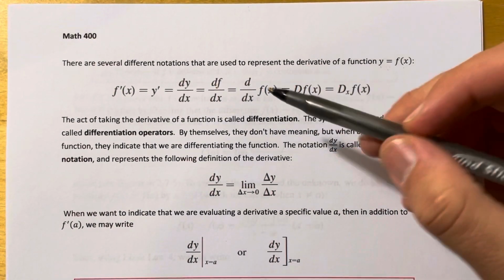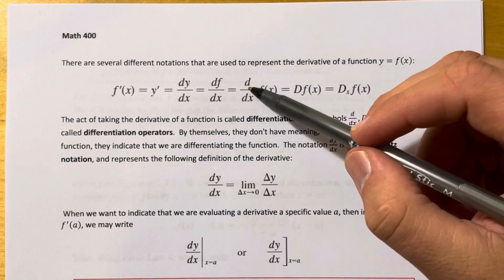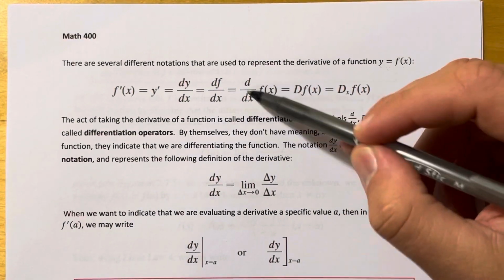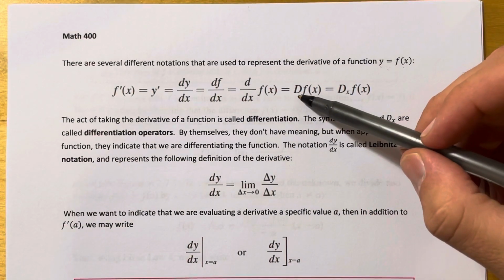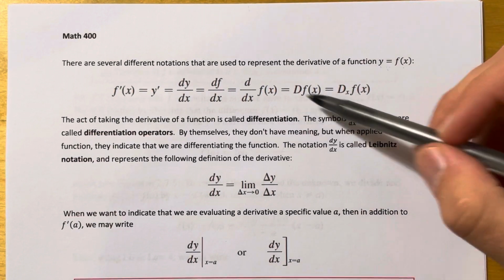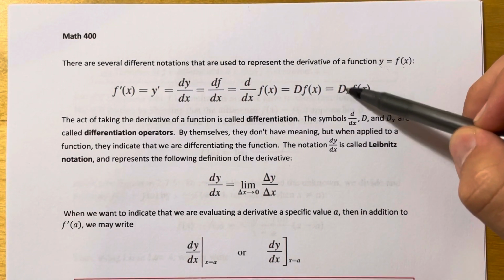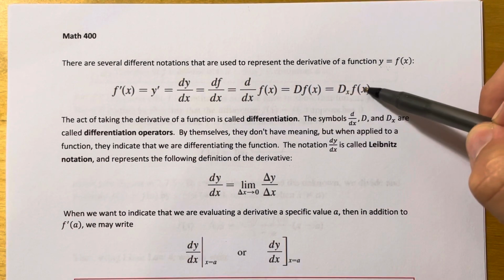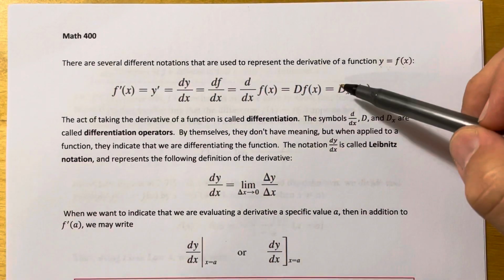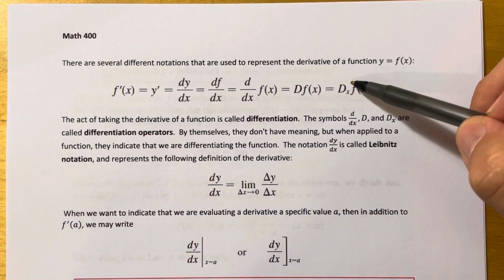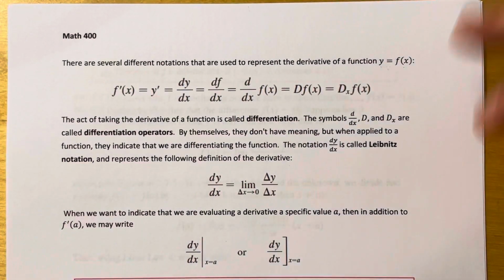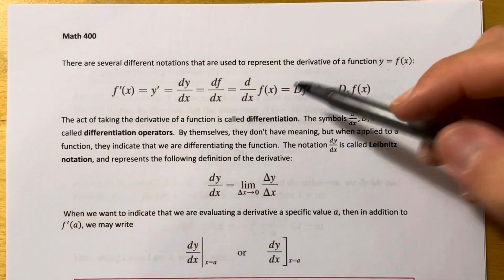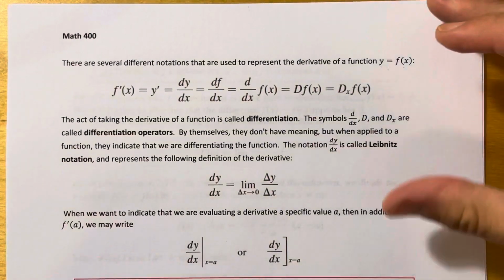So it's an operator. It operates on a function and produces a derivative. The same thing is true of this capital D notation, or this where they have a capital D with a subscript of x. This notation is just helping you indicate what the independent variable is. We will not use these notations much at all in this class, but they do show up in other classes later, so it's important to at least see them here.